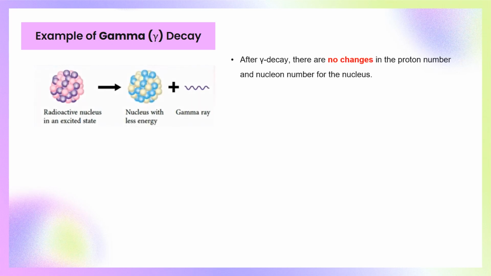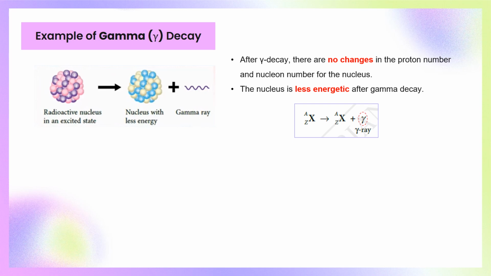Let's look at an example of gamma decay. After gamma decay, there are no changes in the proton number and nucleon number of the nucleus. The nucleus is less energetic after gamma decay. This is the general equation for gamma decay as we have discussed just now.